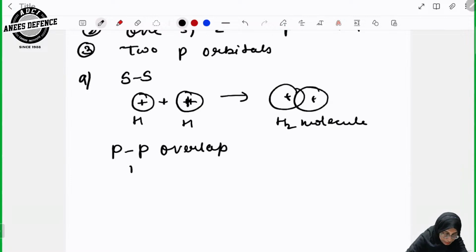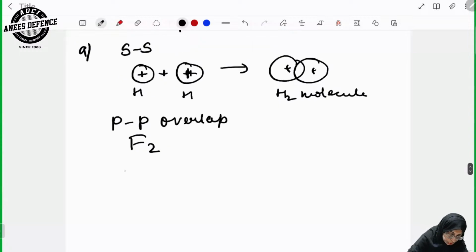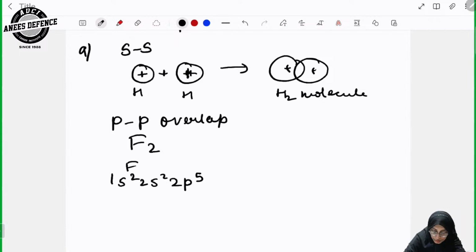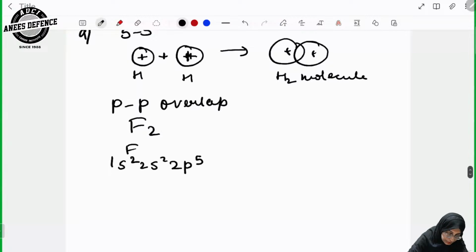We'll take the example of F2. Two atoms of F, the configuration is 1s2, 2s2, and 2p5. The other atom is also 1s2, 2s2, 2p5.